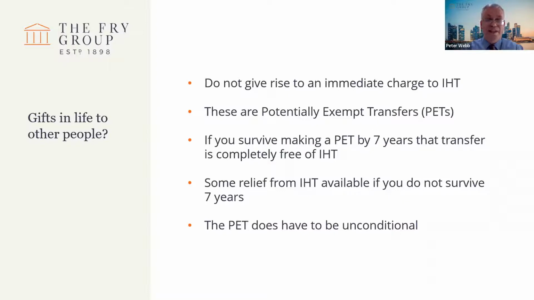As long as you survive 7 years from making that gift, the value of the property or asset that you've gifted will not be charged to inheritance tax in your estate. If you survive for more than 3 years from making that gift, you're still winning, because the rate of inheritance tax on that gift then begins to taper down. It tapers down from 3 to 7 years, and when you survive 7 years, there is no inheritance tax due.